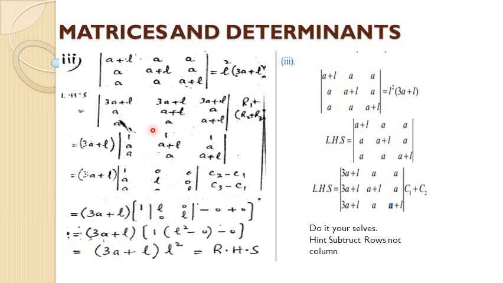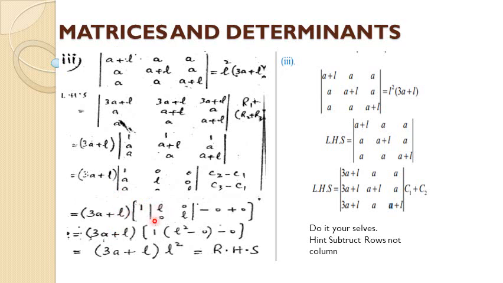So now column 2 minus column 1 is, yes, 1 minus 1 is 0, a plus l minus a, only l. Okay, a minus a again 0, and column 3 minus column 1, 1 minus 1 is 0, a plus a minus a is 0, and this one is 0.